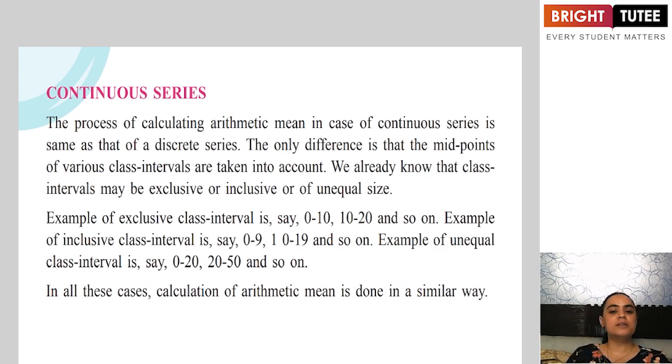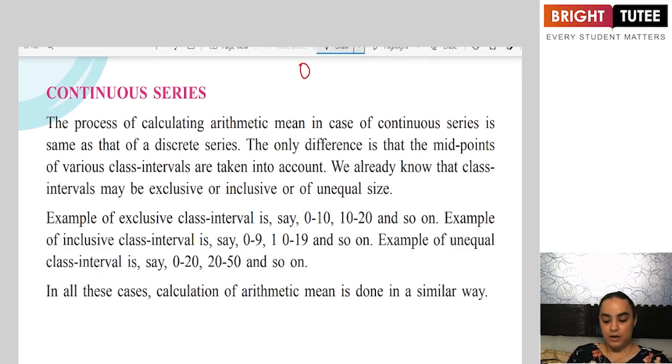Now, continuous series is that series in which there is a class interval which is given to you. 0 to 10, 10 to 20, 20 to 30, or 50 to 55, 55 to 60, and so on and so forth.